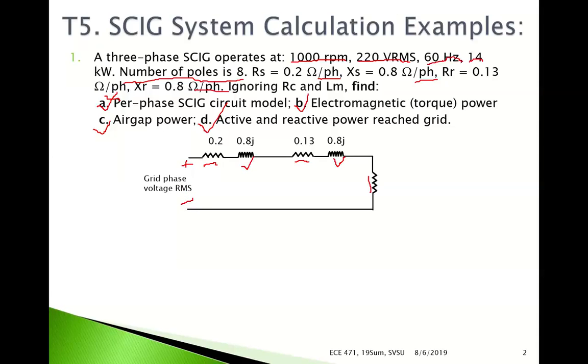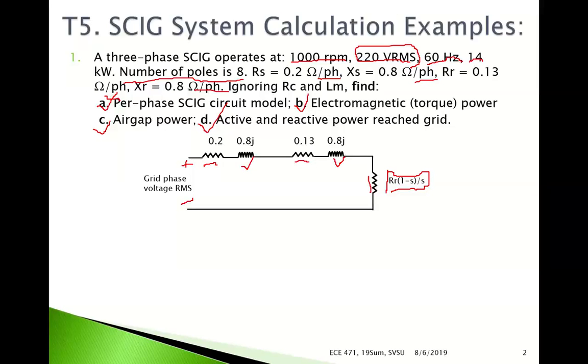So first of all, the voltage across these 2 terminals is the grid phase voltage in RMS value, because later on when we calculate the power, we need the RMS value. Given 220 volts here, be careful. First of all, it is an RMS value, very nice. Second, it's line voltage, not phase voltage. Second thing, we need to calculate this resistance value, following this formula.